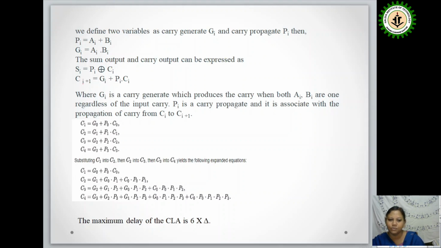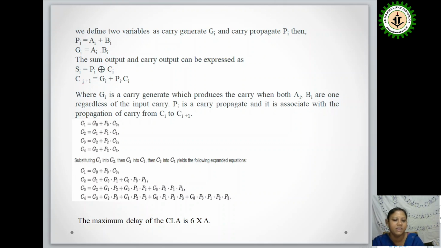So the C1 carry is calculated from G0 using the formula Ci+1 equals Gi plus Pi dot Ci, so C1 equals G0 plus P0 into C0. That means the next bit carry, the C1 carry, depends on the ith position values, that is the G0 value, the P0 and C0 values.